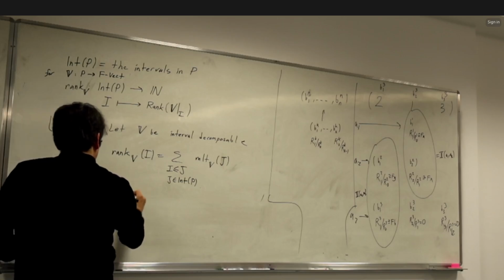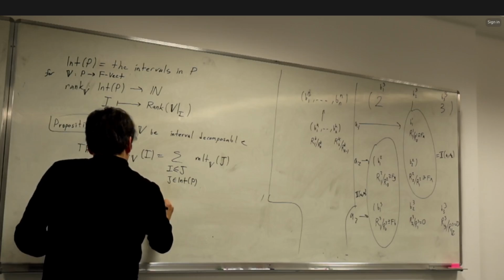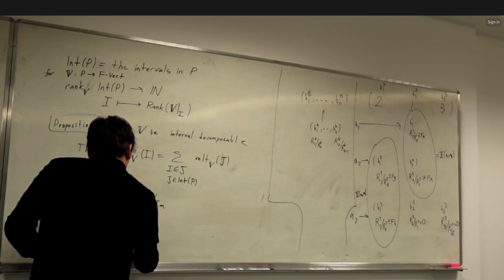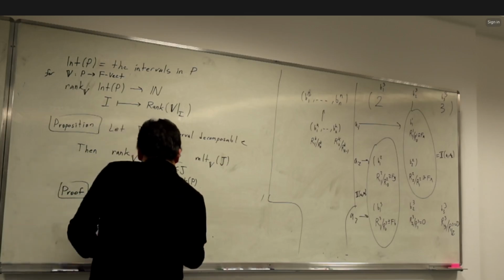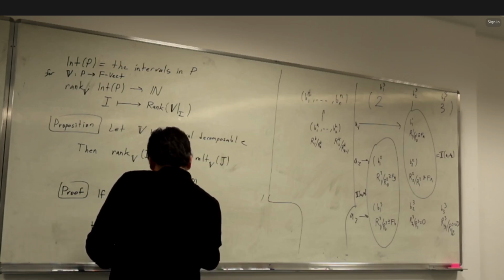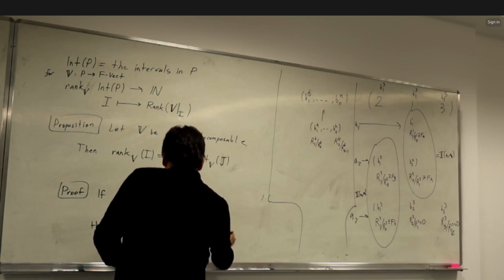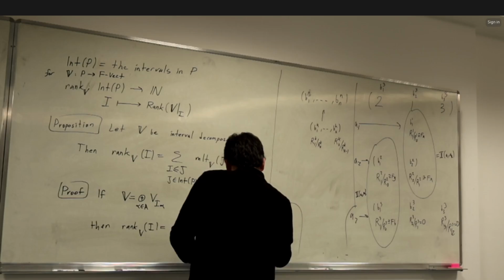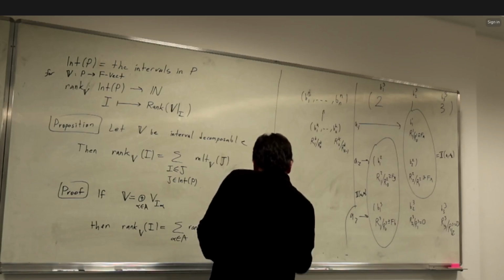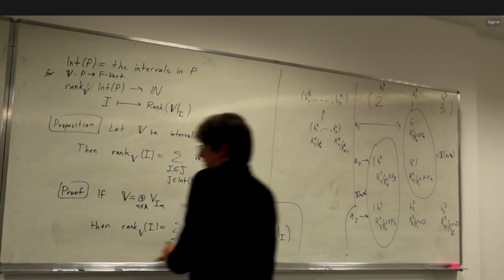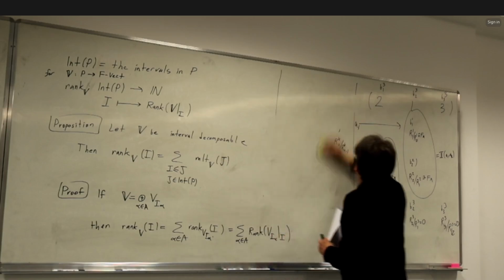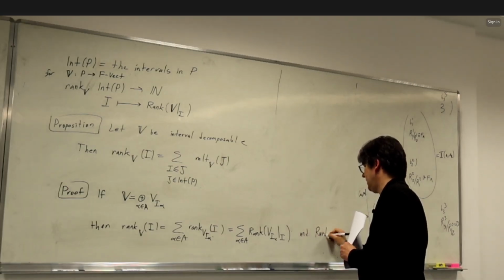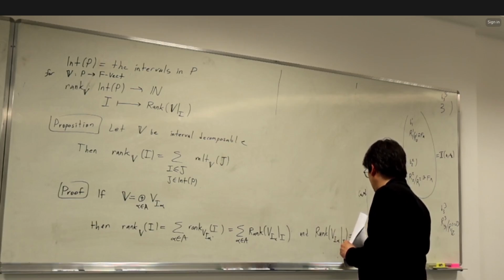Well, say if this V is a direct sum of V_{I_alpha}, alpha over some indexing set A, then the rank of V_I is equal to the summation over alpha in A of the rank of V_{I_alpha}, which is equal to the summation over alpha in A of the rank of V_{I_alpha} restricted to I.